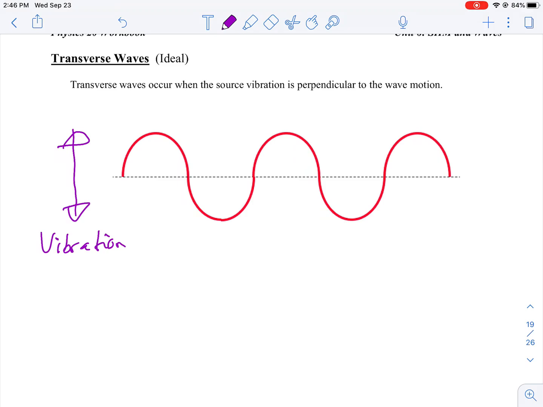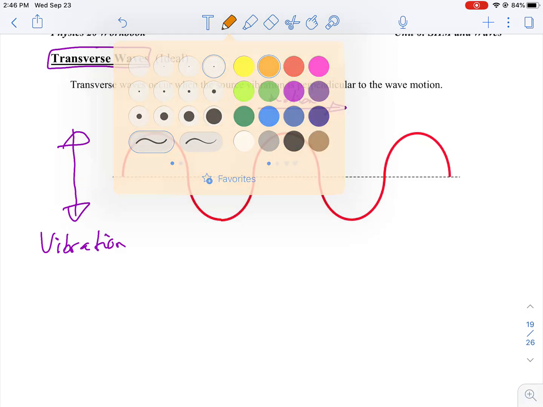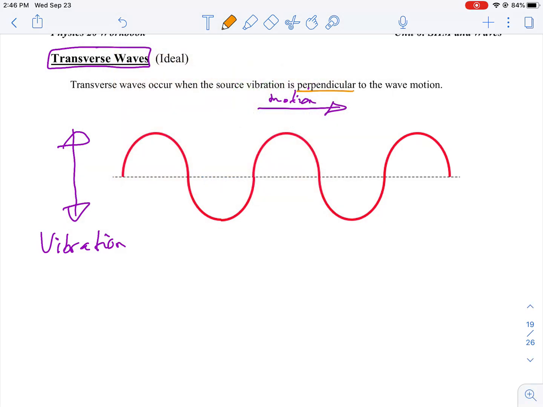And you'll notice that the wave here is actually moving, for example, towards the right. That's the motion of the wave. And notice they are perpendicular to each other. The particles are moving vertically. The motion is horizontal. They are perpendicular to each other, so we call that a transverse wave. Key idea, and I'll just use a different color here. They're moving perpendicular to each other.